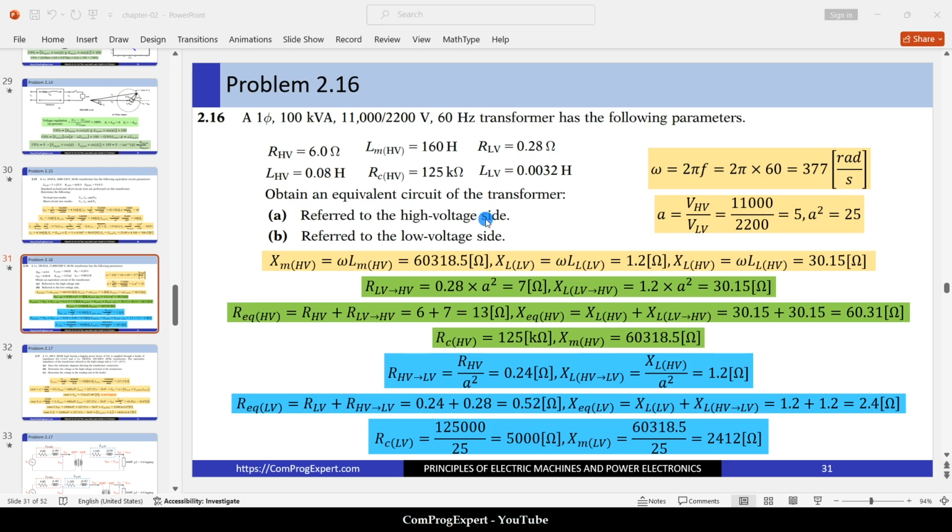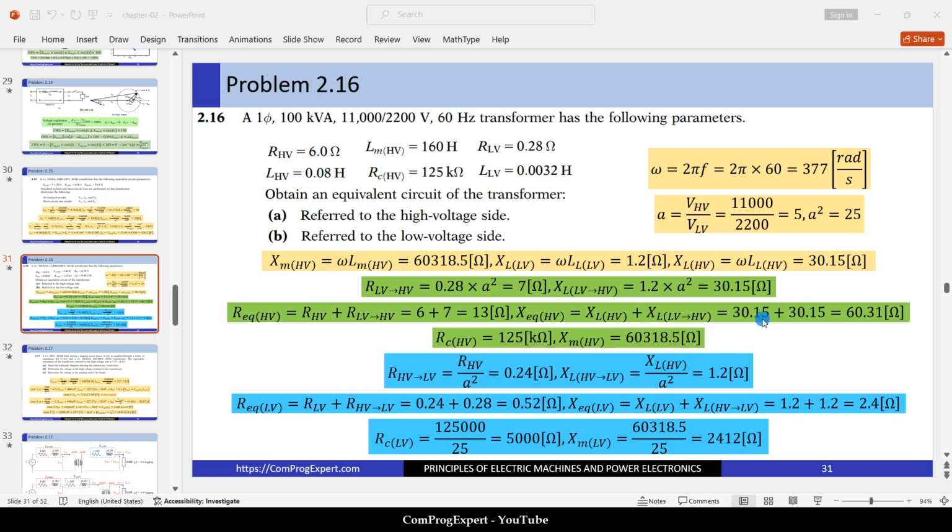This is the actual value of the resistance of the high voltage winding. The resistance is higher, but when we transfer it to the low voltage side, the resistance is close to the resistance of the low voltage winding. And we have this for leakage reactances also, right?